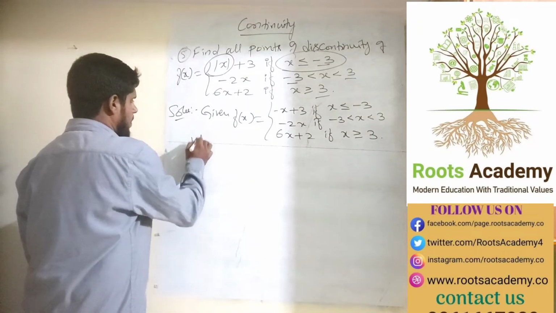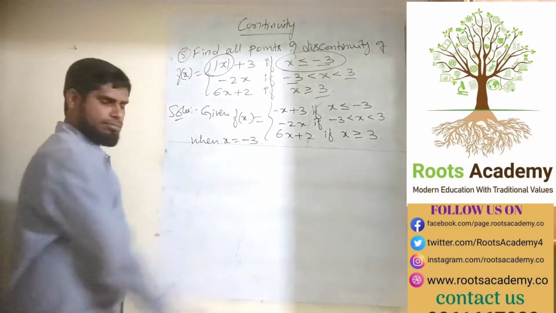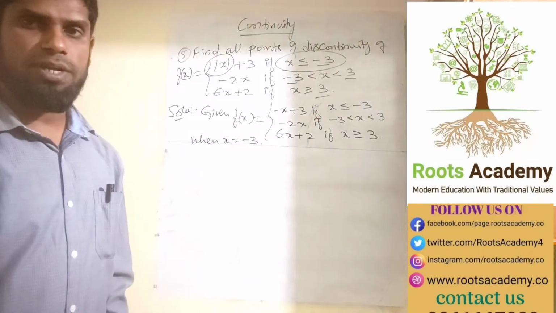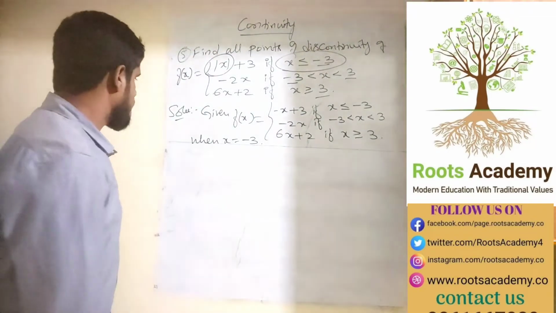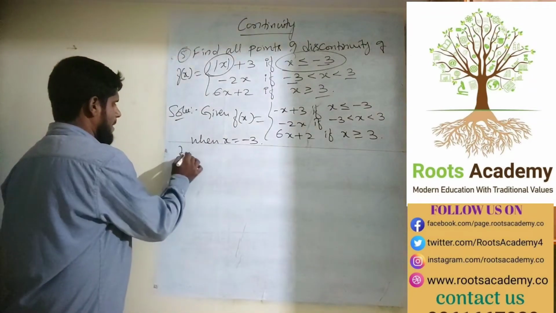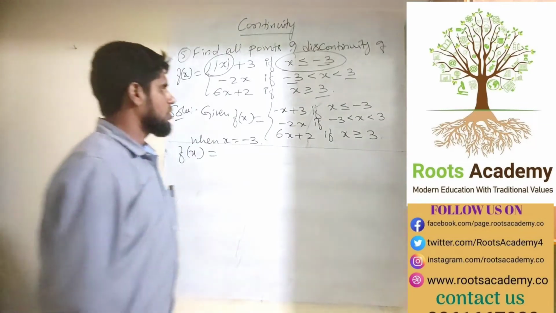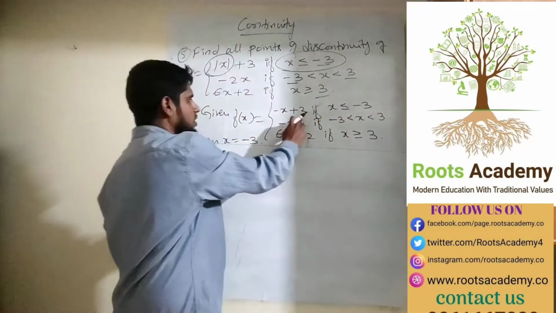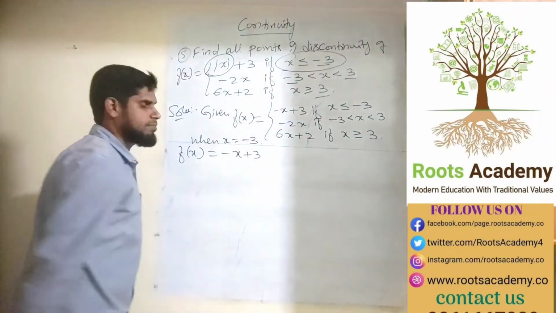First, when x is equals to -3, let us see what happens, whether it is continuous or discontinuous. f of x is equals to -x plus 3, since at -3 there is the equality sign.